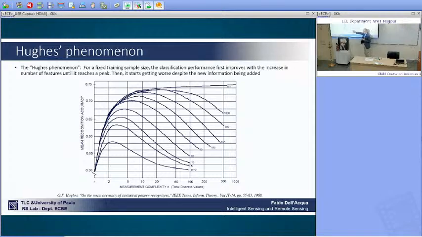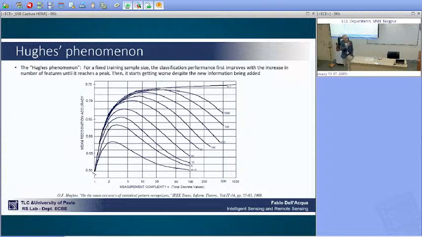This phenomenon is unlikely to happen when you work with few-dimensional data. So if you operate on multispectral data, most likely you will not stumble into it.